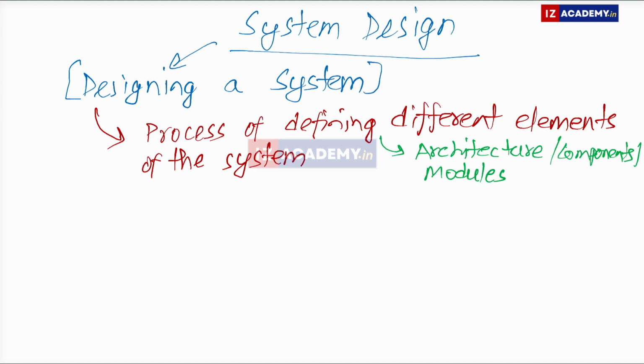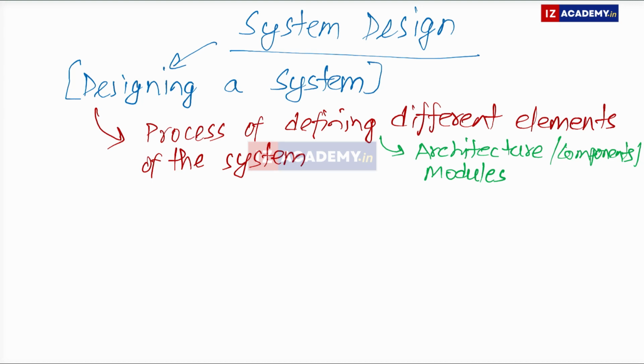The modules, say in a shopping site, can be the product list, the shopping cart, the payment gateways, the delivery system, right? All those are different modules that make up a shopping site, isn't it?